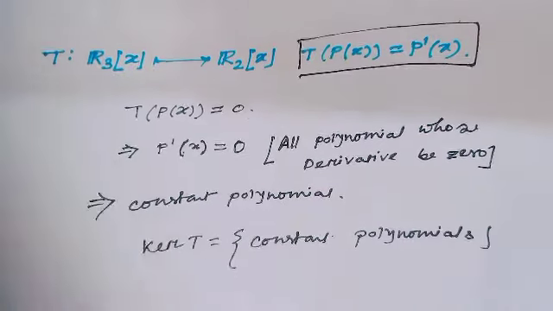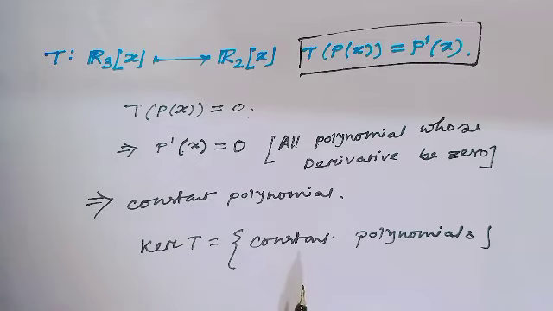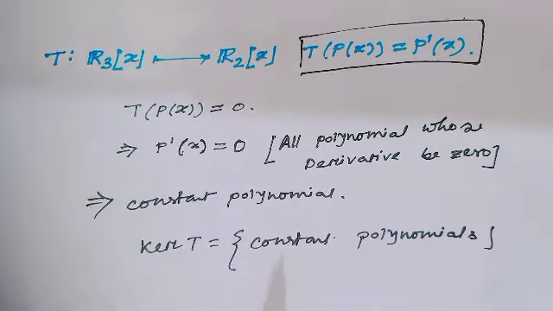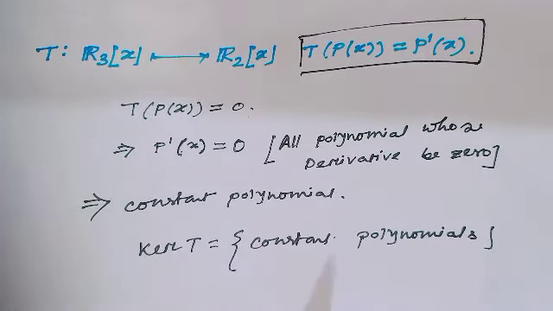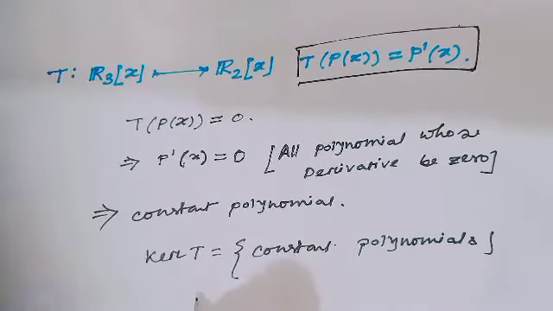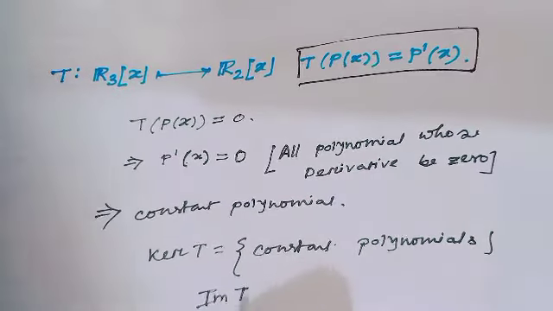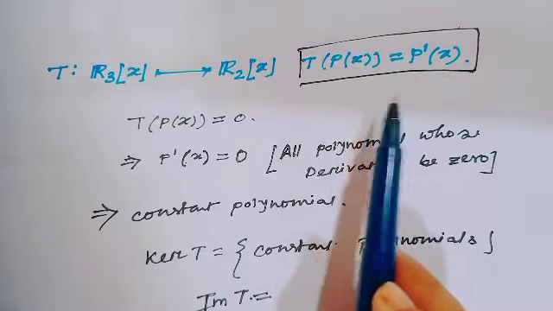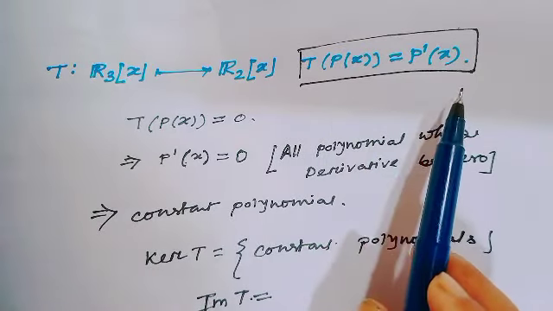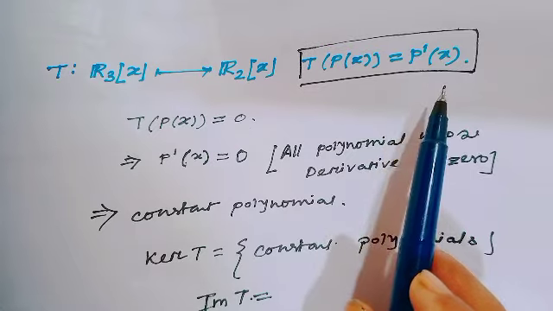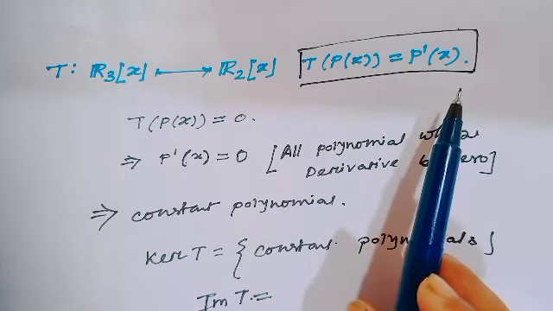So kernel T equals the set of all constant polynomials. Are you getting how we have to find kernel T of a linear transformation? Well, and what would be image T of this function? Just think. Here T of P(x) equals P prime of x. That means the image would be the first derivative of the polynomial.